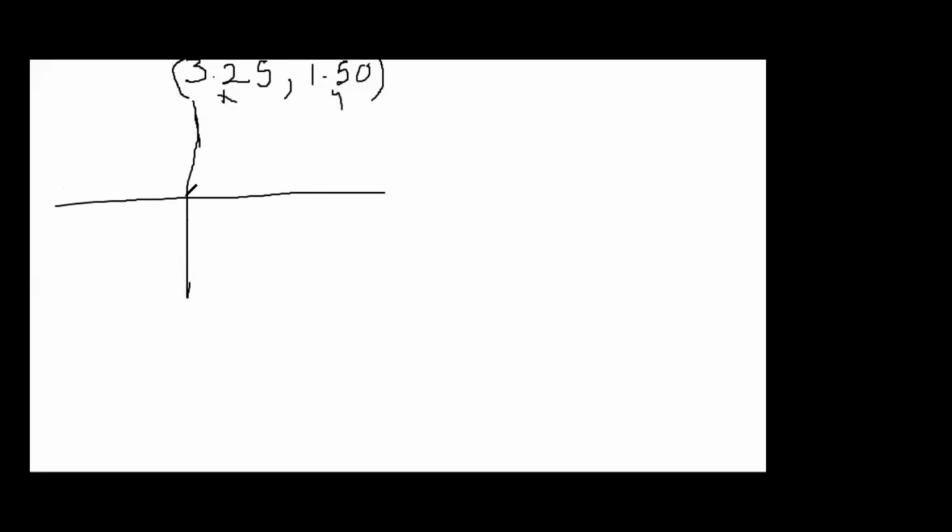So for the x value, just move 3.25, somewhere here. The y value is 1.50, it's positive, so somewhere there. So this would be where the point is located, isn't it?